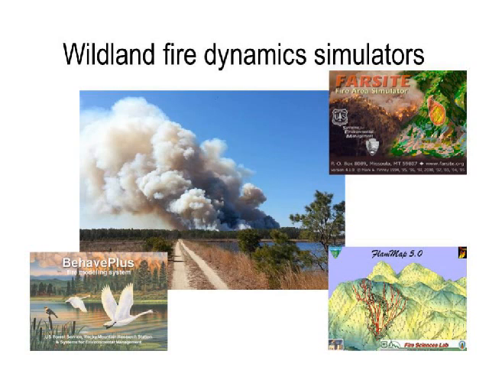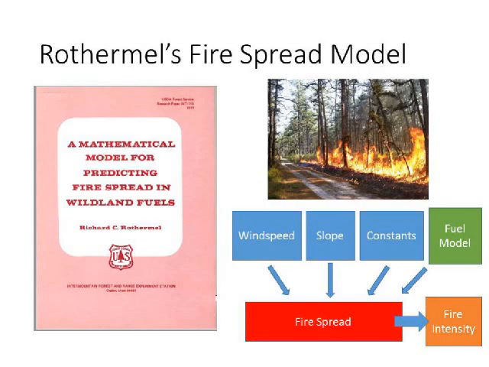We have numerical models of the forest, how the fuels are structured for different types of places, and they're integrated into these different simulation tools, which you may or may not have heard of. So all these tools are based really in Rothermel's fire spread model. This was the origin of these tools, and Nick talked about this a little bit previously.